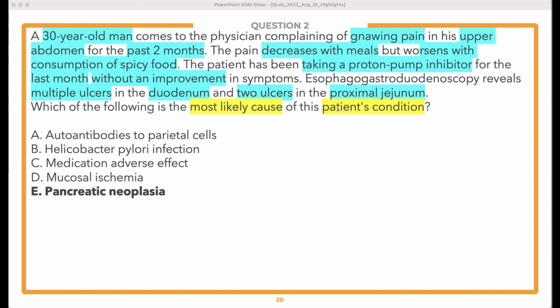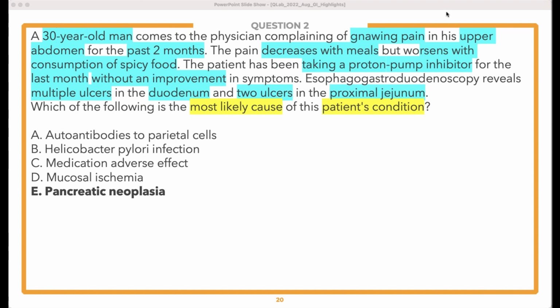Having ulcers in the jejunum is pretty far from where we expect to normally see our peptic ulcers, which are usually in the gastric areas as well as the proximal duodenum. So having multiple ulcers in the duodenum and 2 ulcers in the proximal jejunum is a little bit more suggestive of something else going on, okay?